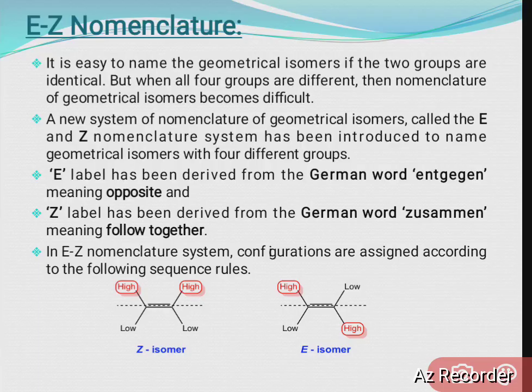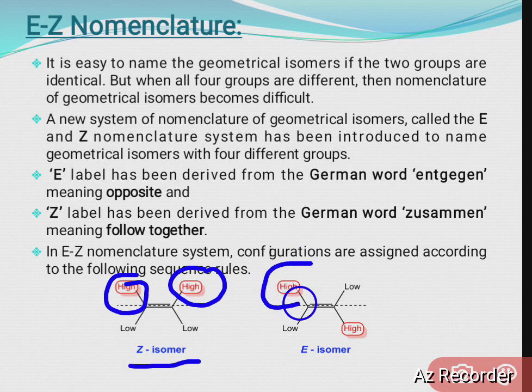If the two groups having the higher priority are present on the same side, then this is termed a Z isomer. If the two groups with higher priority are present on the opposite side, those isomers are termed an E isomer.